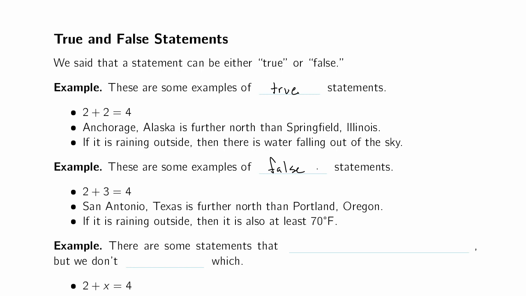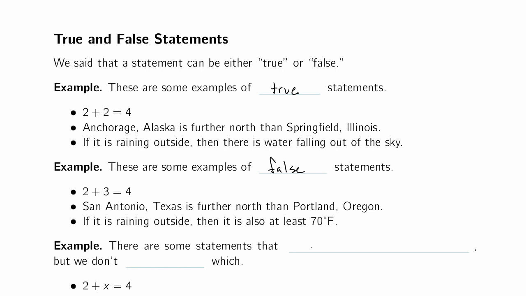If it's raining outside, then it's also at least 70 degrees Fahrenheit. Again, not true. If it's raining outside, it might be 70 degrees Fahrenheit, it might not. Telling you that it's raining outside doesn't tell you anything about the temperature, at least not relative to 70 degrees.